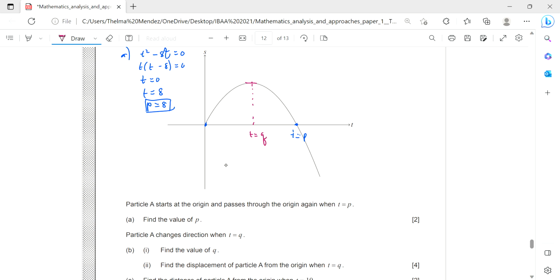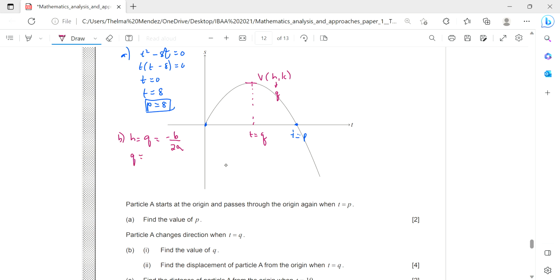The maximum point here can also give you the vertex (h, k). So one way to solve that is finding the h, or the x coordinate of the function. So we can say that h is equal to q, that is also equal to negative b over 2a. This is a formula.